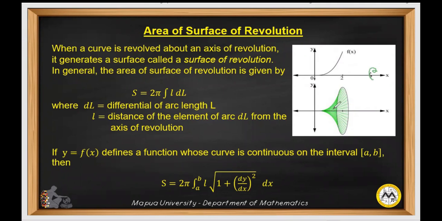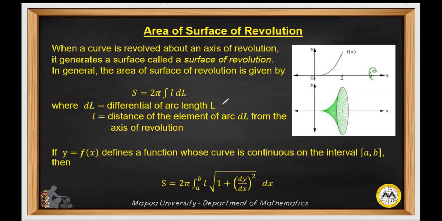And we can determine the surface of revolution by using the formula S, which is the surface of revolution, is equal to 2 pi times the integral within the limits of integration of L times the differential of L. Please take note that the differential of L is the differential of the arc length.